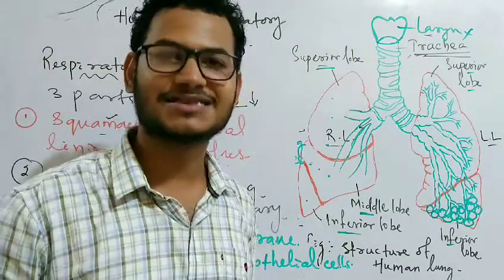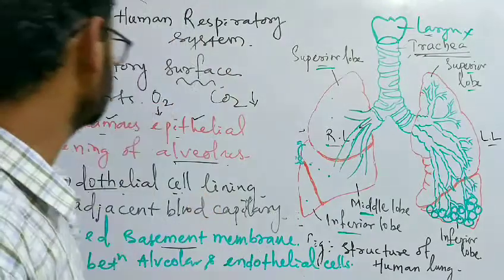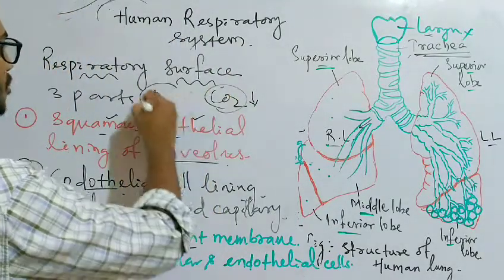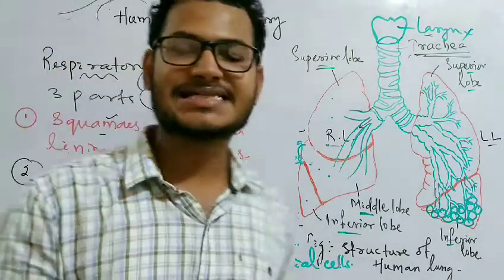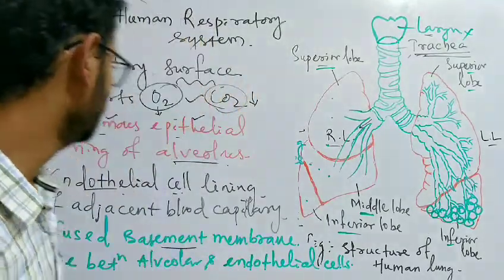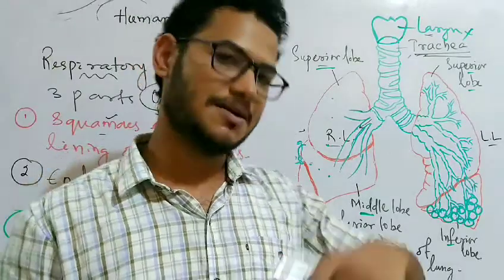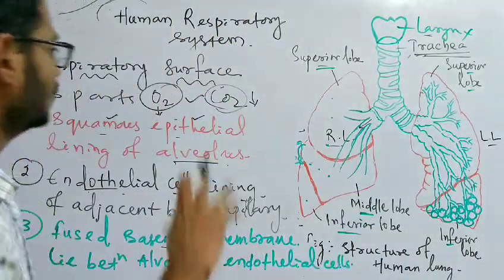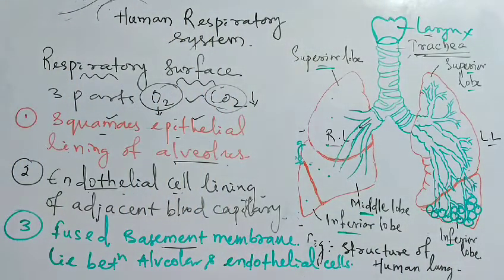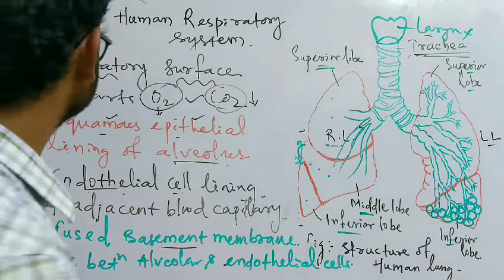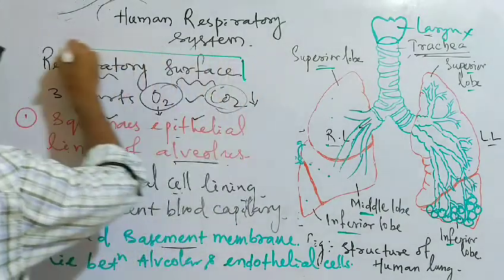So this is the path through which oxygen and carbon dioxide, these two important respiratory gases, diffuse. Oxygen travels to the blood, and from the blood carbon dioxide comes out to the alveolar sacs. So this makes the respiratory surface.